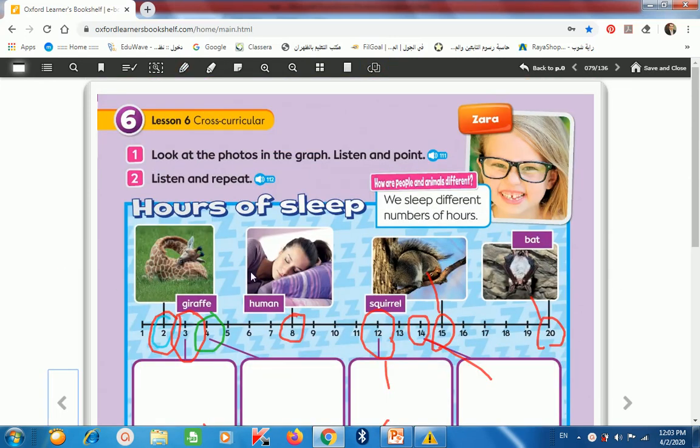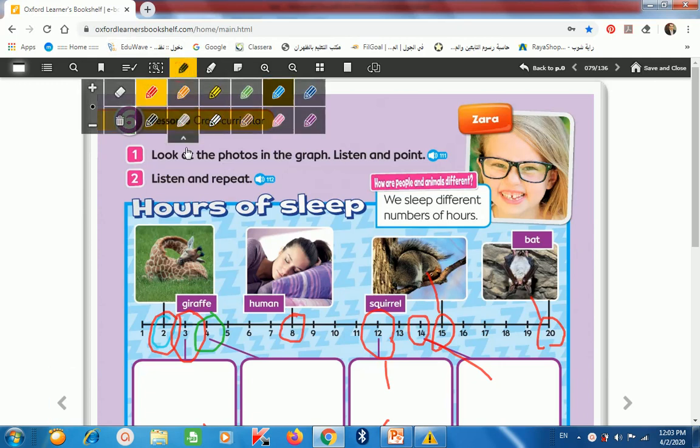Yeah, can you see? Of course we studied this word. We are humans. People. Yeah, I am talking about human. Okay?